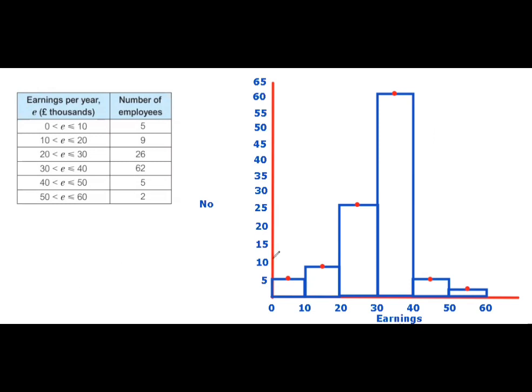Now, after finding the midpoints on each bar, I'm going to connect these midpoints with a line. The line, I'll make it red so you can see it, and I'll make it thinner. Now the line should be a straight line because polygons have straight sides. So I'm going to start from here like this line, and then this line.